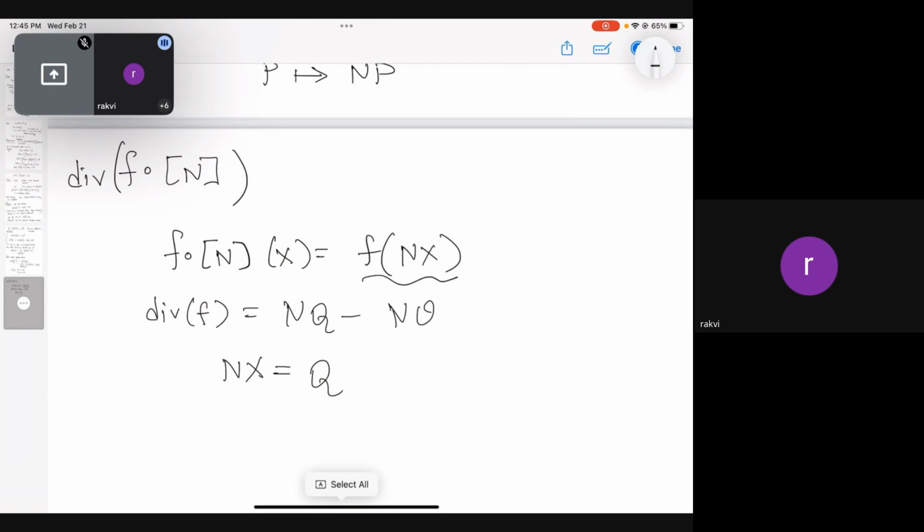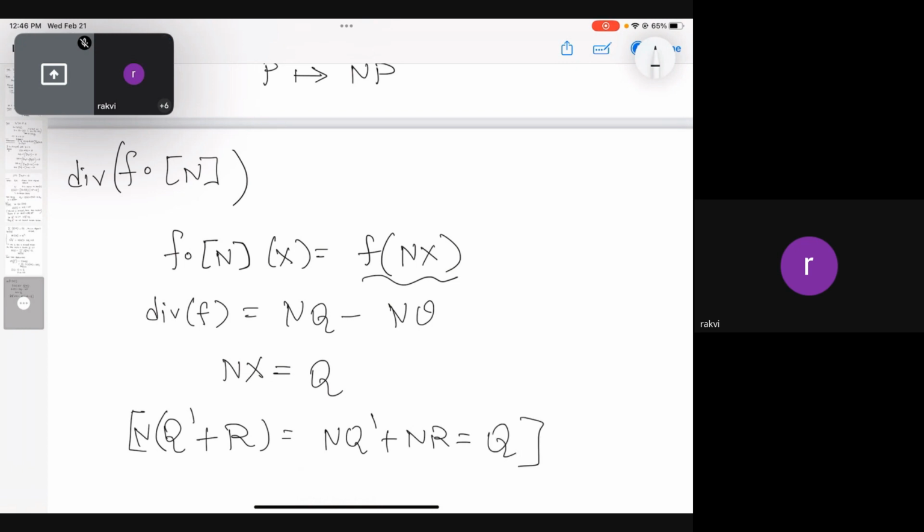But I already have one such point, q bar. And then if I add any torsion point to itself, that will suffice, right? So n times this will be n times q bar plus n times r. N times r is just 0 and n times q bar is q. Okay. So these are all the zeros essentially.